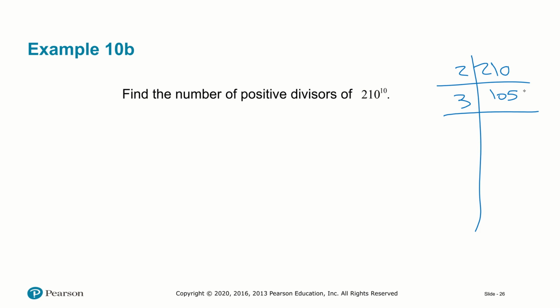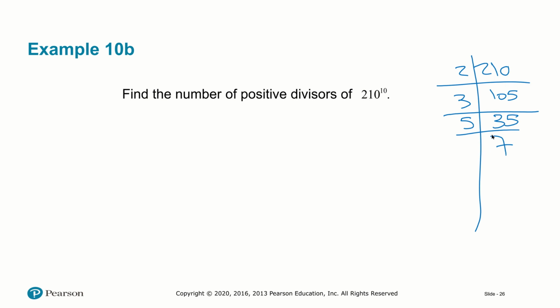We divide, we get 35, and then we have to jump to 5 because 35 is no longer divisible by 3. Remember, at each step you're asking what's the smallest prime number that goes into this number on the right, right? And of course the answer here would be 5, and then we get 7 when we divide 35 by 5.